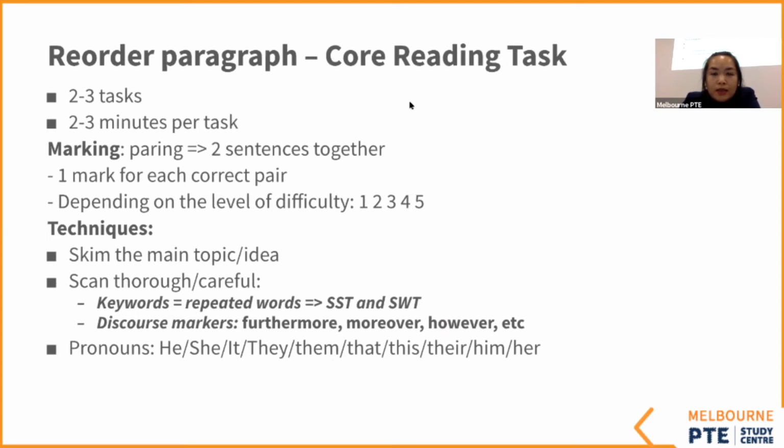Now, this is something I mentioned earlier. Reorder can become more important to your design score if there is a level of difficulty. Have you guys heard about level of difficulty? No? Haven't heard before? Okay. So level of difficulty actually depends on the computer.